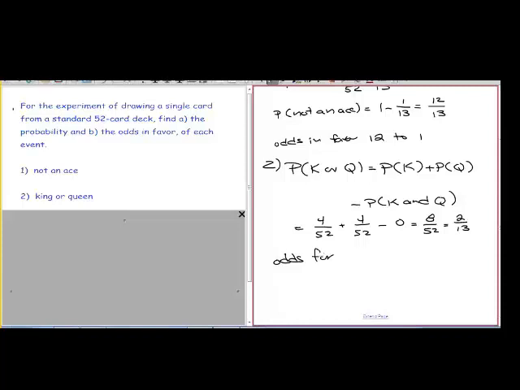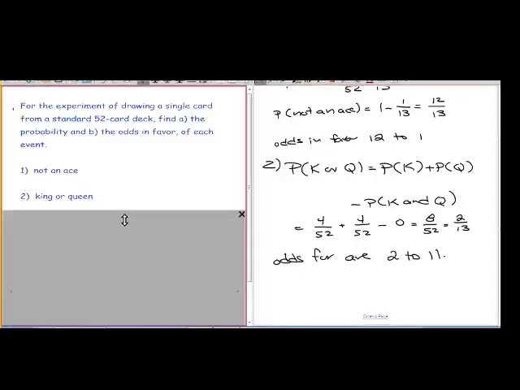The odds for are 2 to 11. So that's pretty easy. And this is a kind of problem that I would put on the test to test you on your knowledge of using the stuff in this particular chapter.